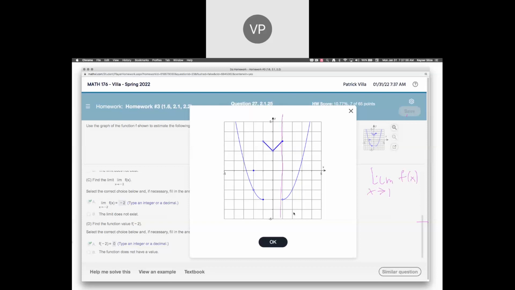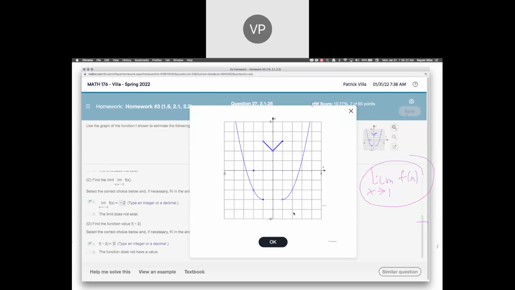To know the limit as x approaches 1, we have to check the function on the left side, and it looks like from the left side it's approaching 3, and from the right side it's approaching -3. So from the left the limit is approaching 3. From the right it's approaching -3. Because they're not the same, this limit does not exist right here.